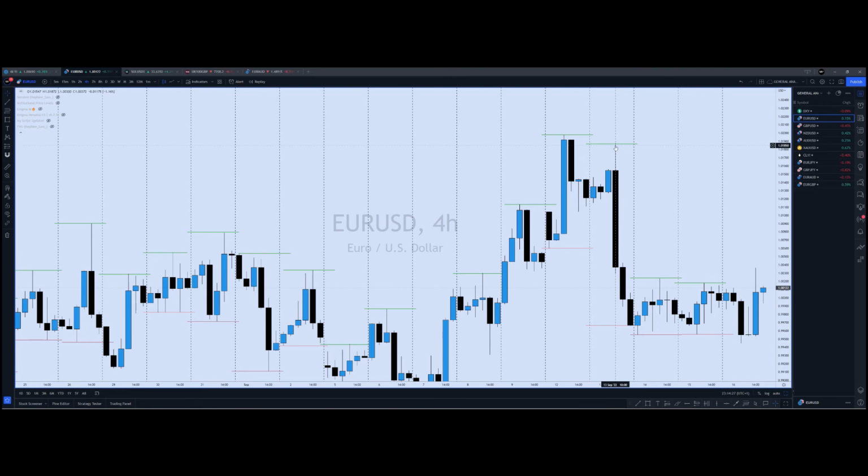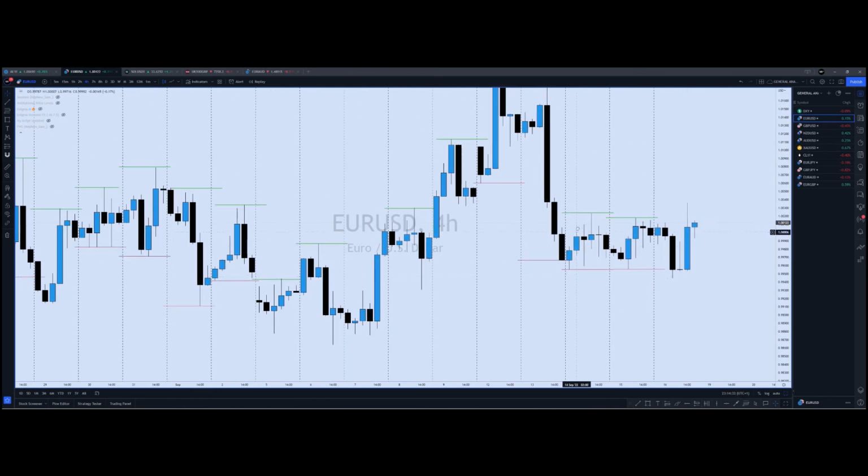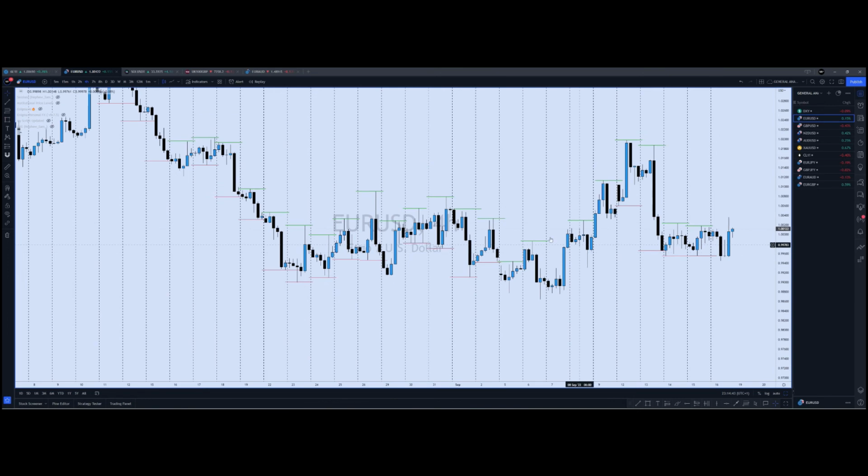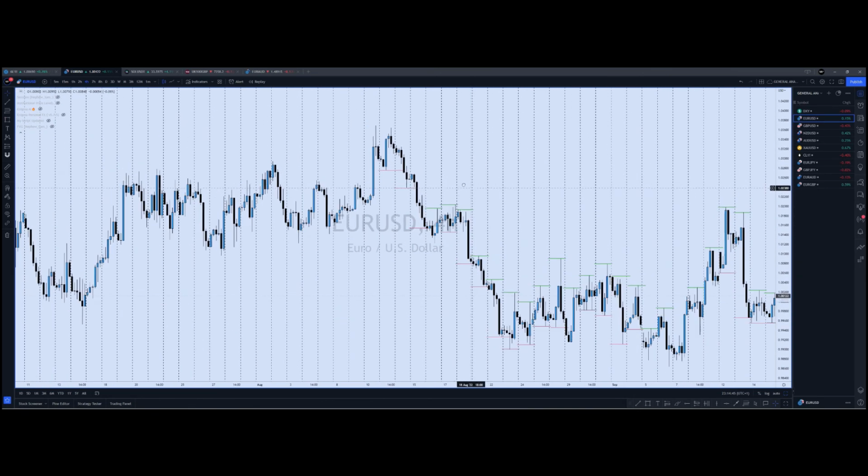And then the daily also confirmed that we are going to go down again, because this day we actually closed back below the previous day low right here. So then on the 14th, 15th, and then 16th, every day I'll be looking for a sell, right?